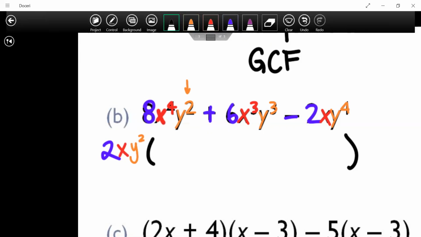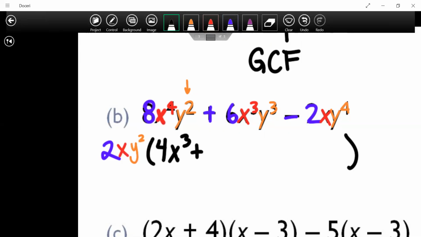When we reduce everything down, we want to see what's the remainder, or divide everything out. For our first term it's going to be 4. We're taking 1 out from x to the 4, so it's going to be x to the third. Our y squared is completely removed, so we have nothing to put in there.